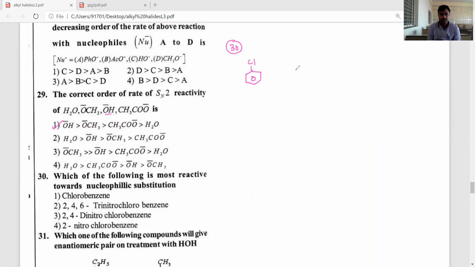The second one is 2,4,6-trinitrochlorobenzene, with NO2 groups at each of those positions. The third is 2,4-dinitrochlorobenzene, and the fourth one is 2-nitrochlorobenzene.